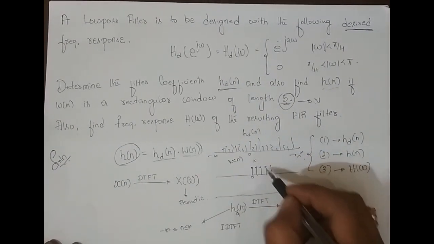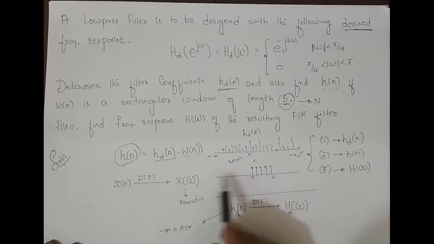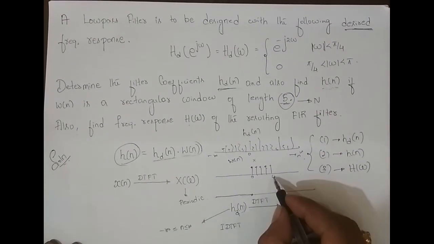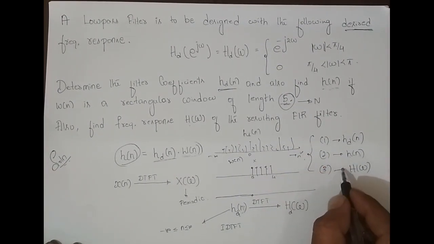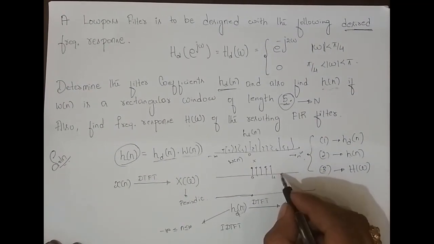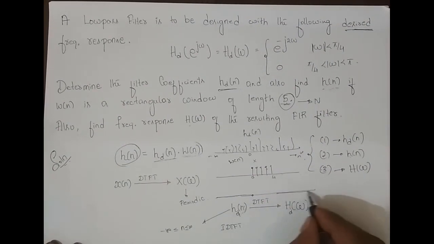If I multiply these two, from minus infinity till minus 1 everything is 0, since 0 multiplied with anything is 0. After 4, up to n equal to infinity, it is also 0.